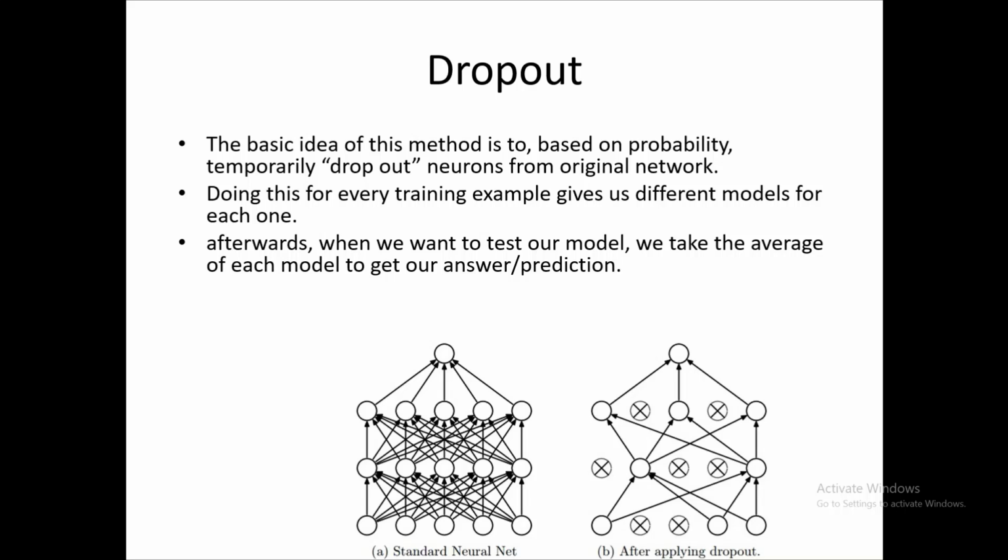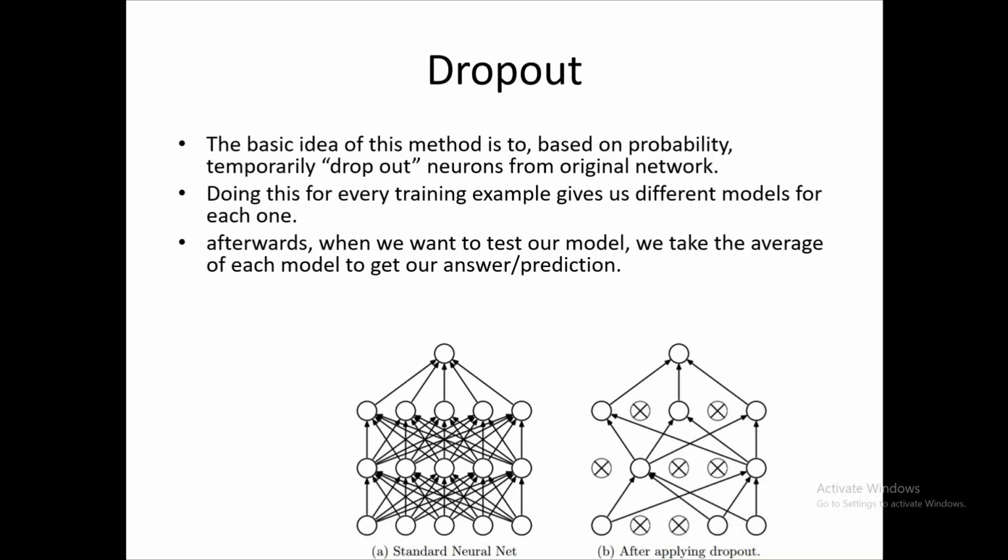As we can see in the figure, in the standard neural network, all neurons in a particular layer are connected to all the neurons in its previous layer and its next layer.